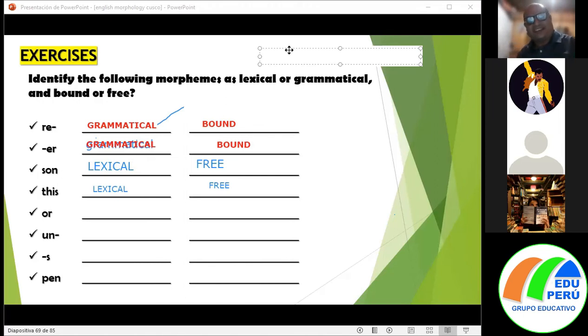No, teacher. Why not? This is grammatical because this is... I think it is a conjunction. No, it's not a conjunction. It's a determiner.